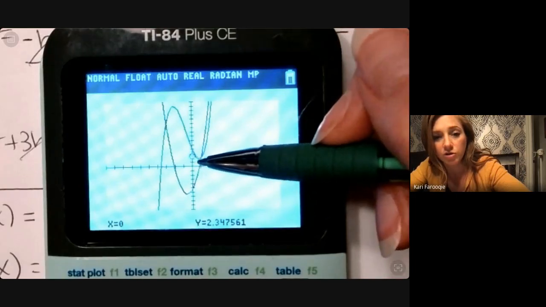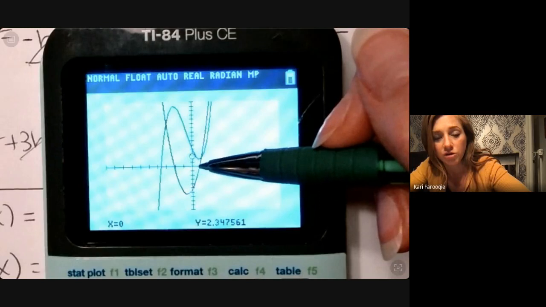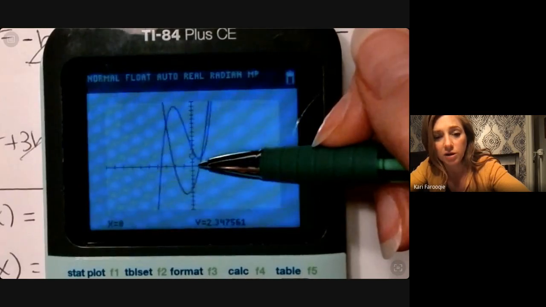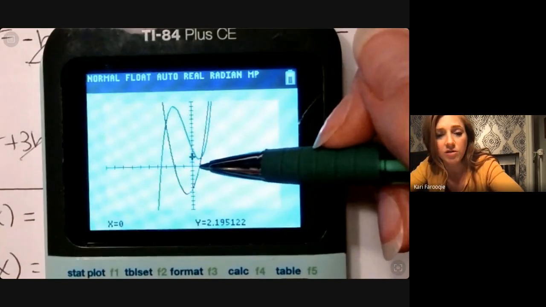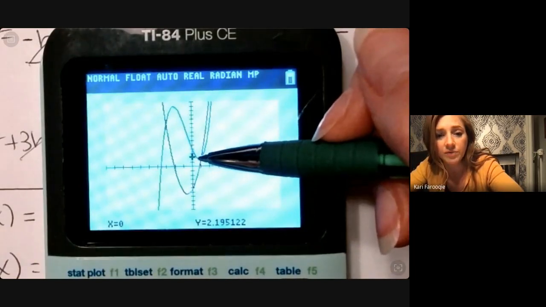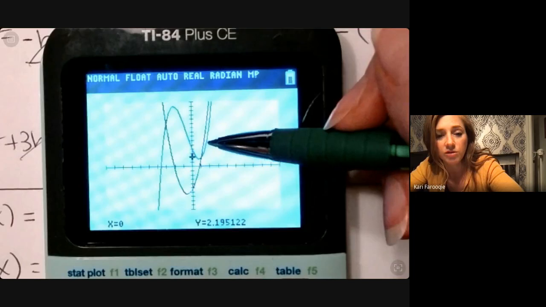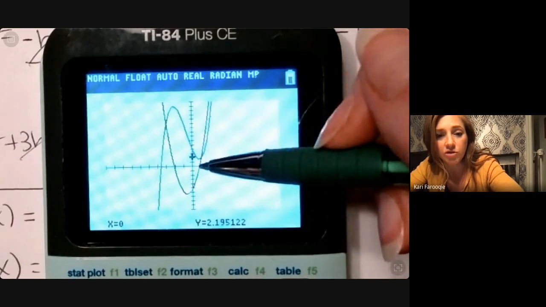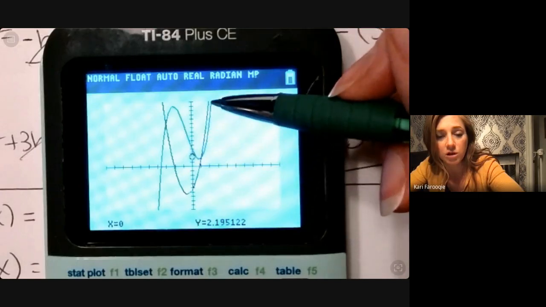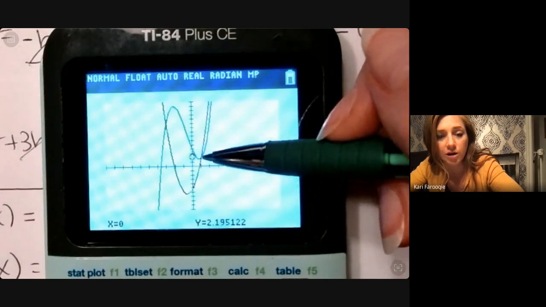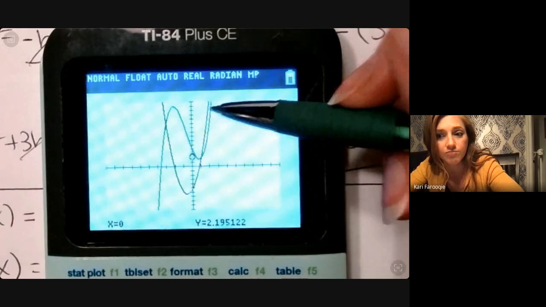The derivative function stops being negative and hits this x-intercept. Then your function starts to increase again, and as soon as it does, your derivative becomes positive, meaning the y values are all going to lie above the x-axis.